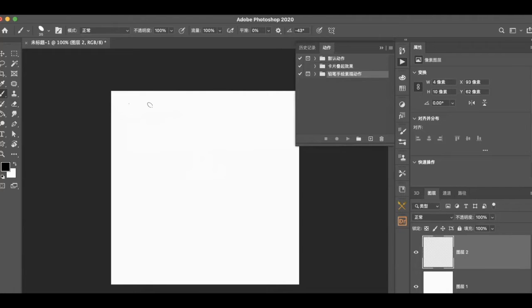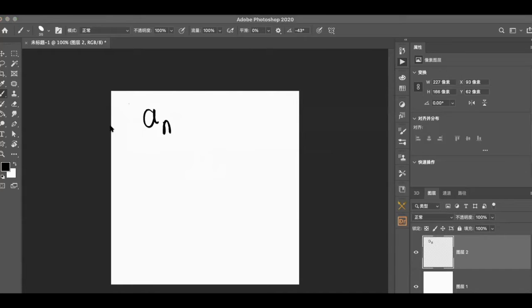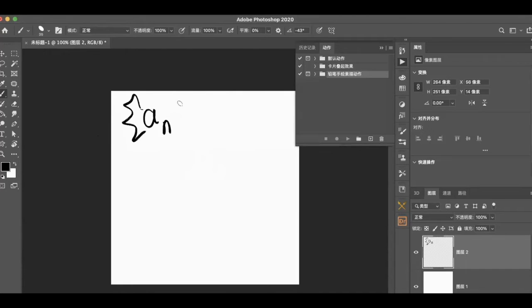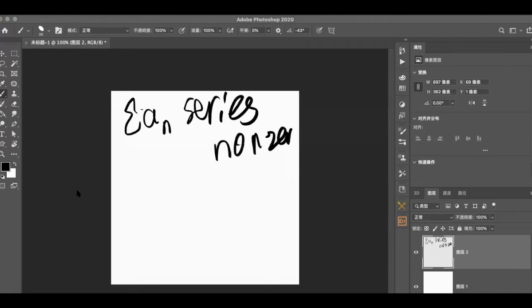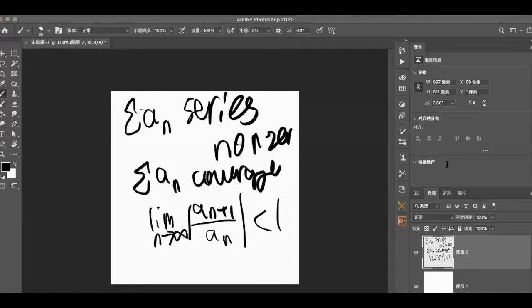And then the ratio test says, let an be a series of non-zero terms, and then we notice that an will converge absolutely from the last picture, and it will diverge when the limit is bigger than 1 or equal to infinity, or gives you something called does not exist.